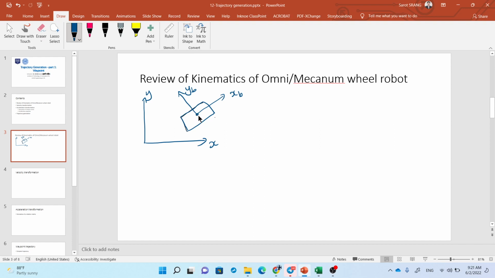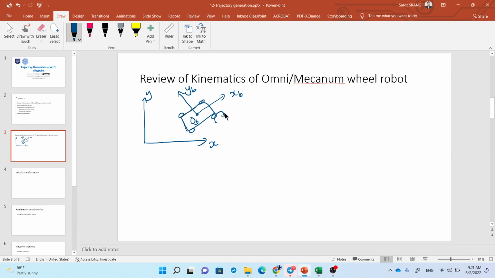And here is the origin of the robot. It's denoted by OB. And so the kinematic is the relationship between the velocity of the robot in the body frame and the angular velocity of each wheel. Okay?